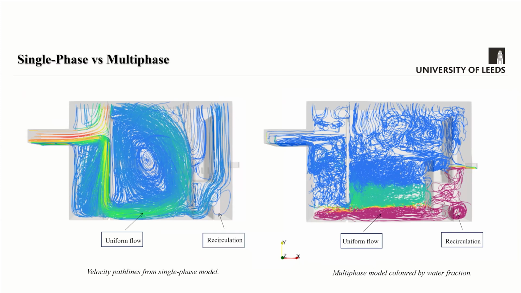And what we want is a nice plug flow, going in and out. And if we use our multi-phase flow colored with the water fraction, we can see that we have this nice path, isn't it? And nice recirculation.